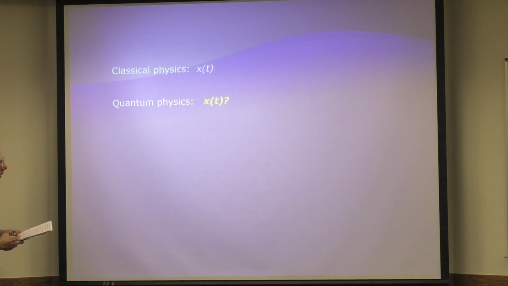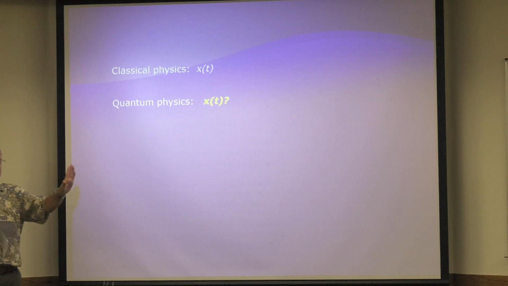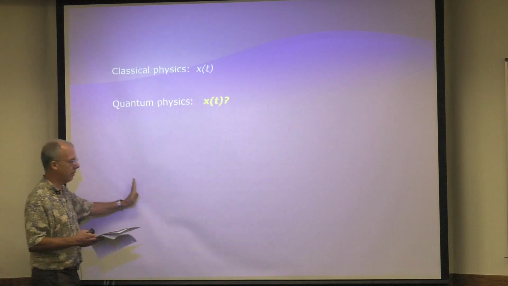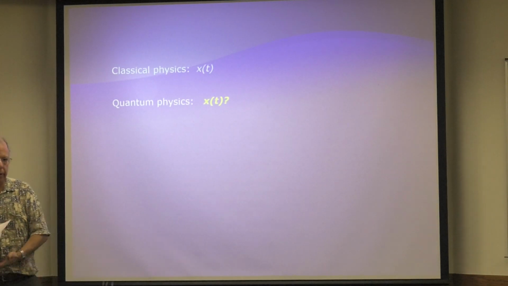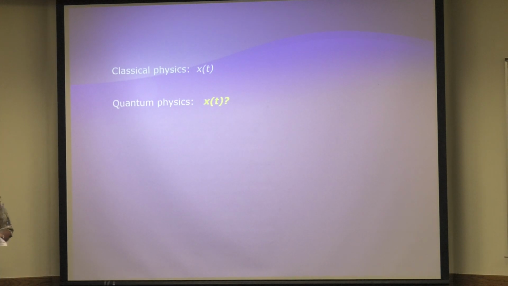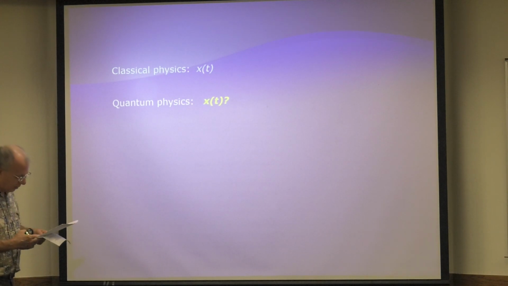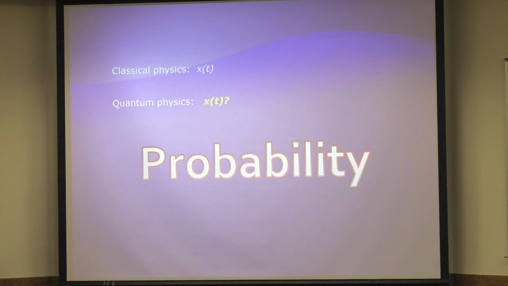Also, when you saw the screen of either the photon double slit experiment or the electron double slit experiment, you just saw these dots, and all they allowed you to do was calculate the probability of where the dot lands. So what are we going to do? We've got to somehow get probability in here.